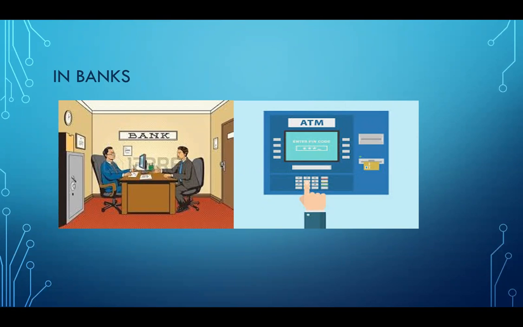So computer is used very widely in banks. Also outside the bank, you see a machine called ATM where you go and deposit and withdraw your cash. So computer is very useful in banks.